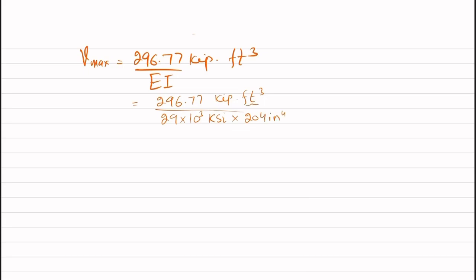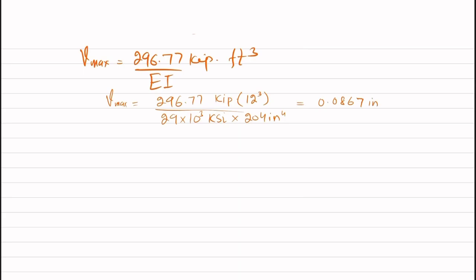Since this is cubic feet, we will convert feet into inch, and 1 feet is equal to 12 inch. So cubic feet will be 12 cube. Now you can see this is kips into feet, and this is KSI. So when you solve this, you will get the maximum deflection as 0.0867 inch.